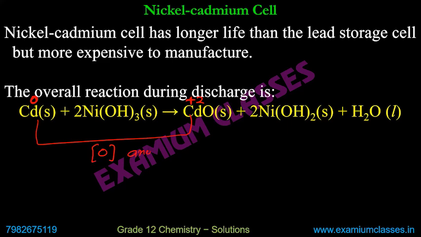Oxidation at anode. Here +3 oxidation nickel goes to +2 oxidation. OH3 means +3 for nickel. Here OH2 means +2 for nickel. So this one is reduction at cathode.